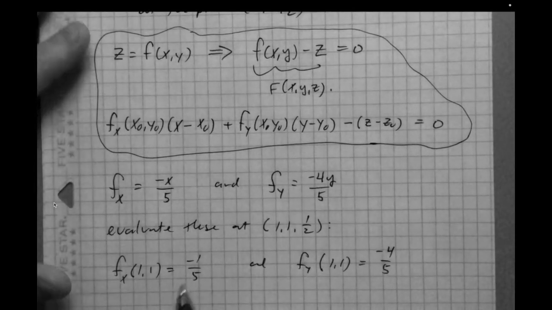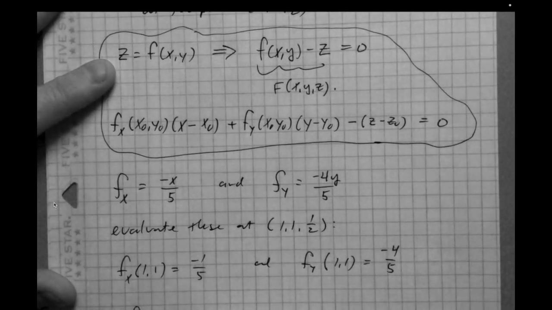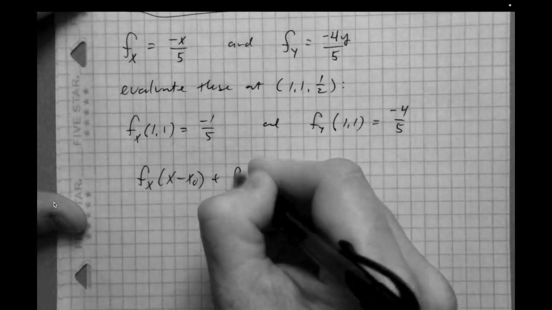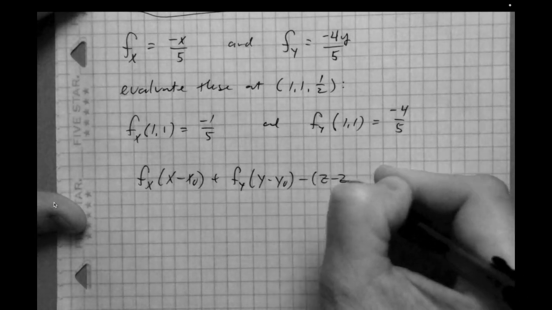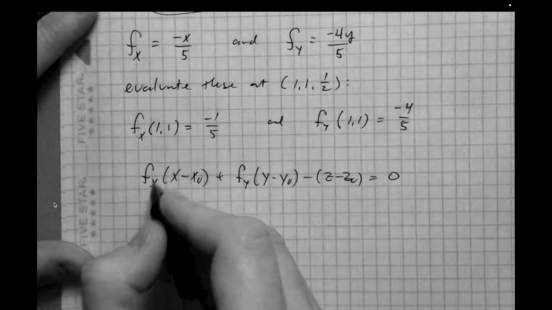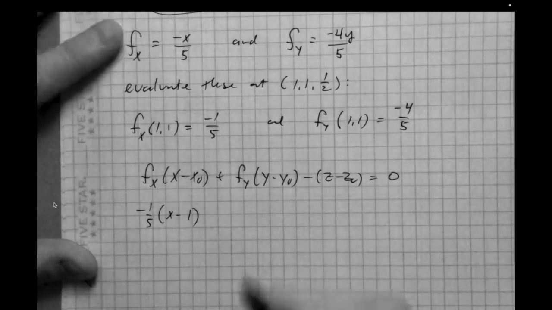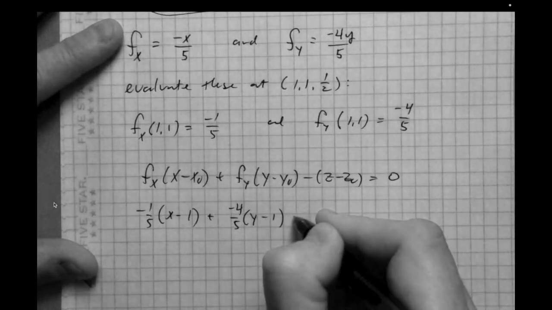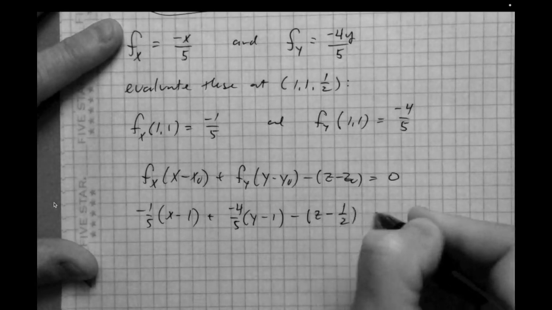So remember the format here, and I'm going to write it in extreme shorthand: partial with respect to x times x minus x naught, plus partial with respect to y times y minus y naught, minus z naught, equals 0. Okay, so we could plug these all in, and so this is negative 1/5 times x minus 1, and this is negative 4/5 times y minus 1, and this is minus z minus a half.